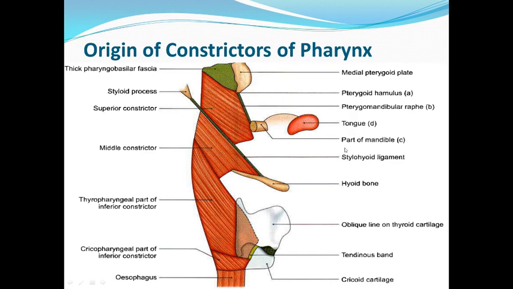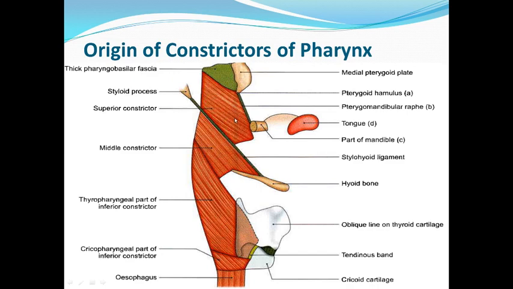And last but not the least, from the side of the posterior part of the tongue, the superior constrictor will take its origin.